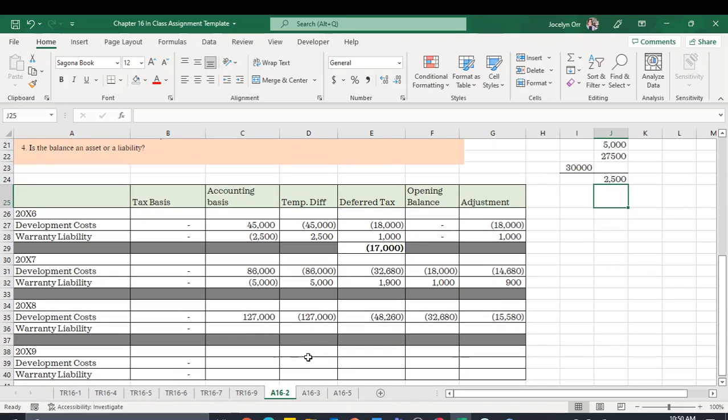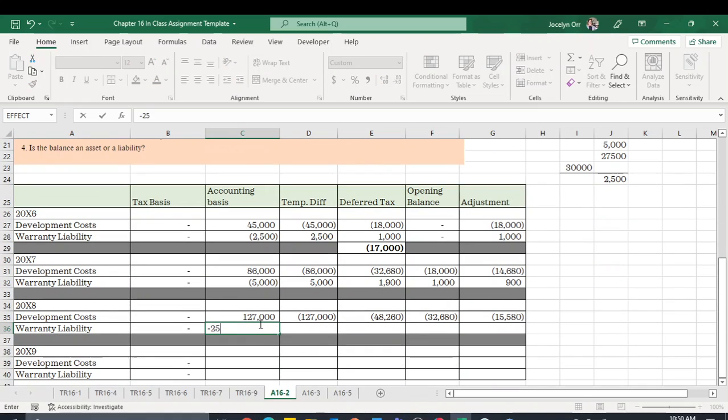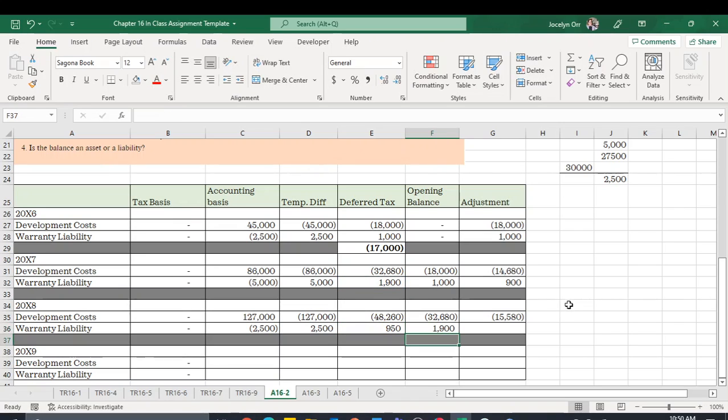Giving me a credit balance of $2,500. Tax rate was 38%. I had a previous balance.